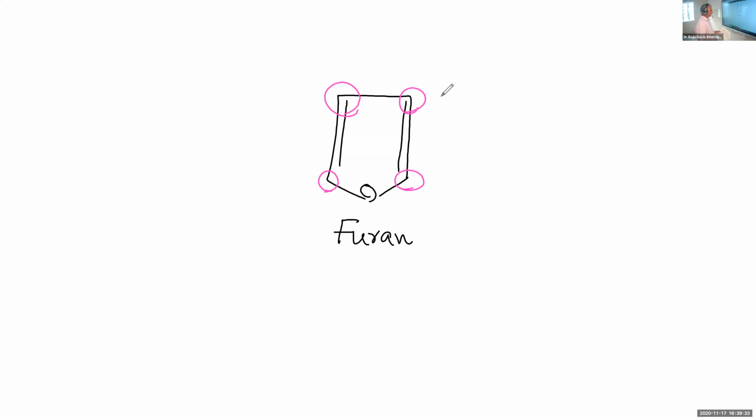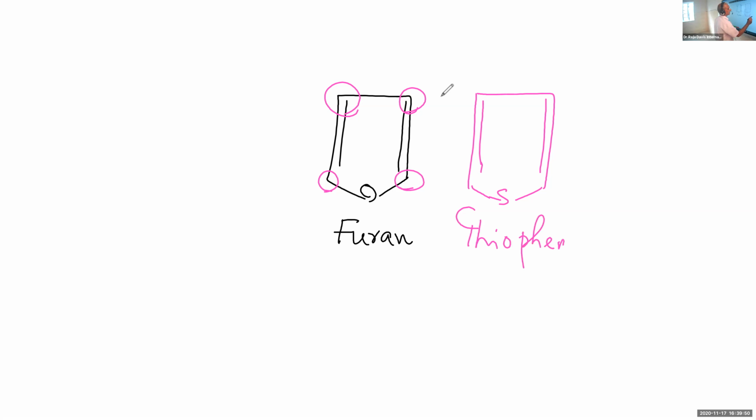For example, furan. You take thiophene, a compound like this. Here also there is a ring, and this is called thiophene. Thio means sulfur. So in the ring, there are 4 carbon atoms, but in addition to the 4 carbon atoms, there is a heteroatom, sulfur, in the ring.